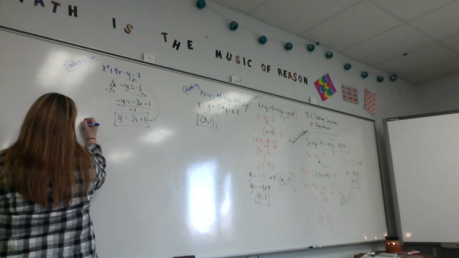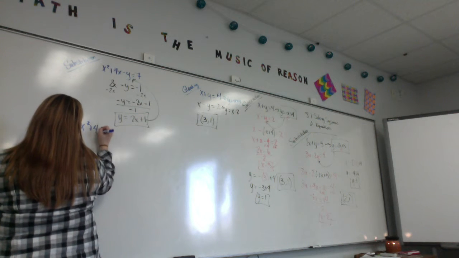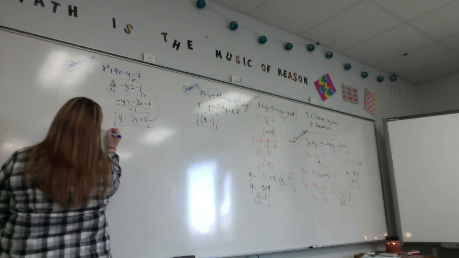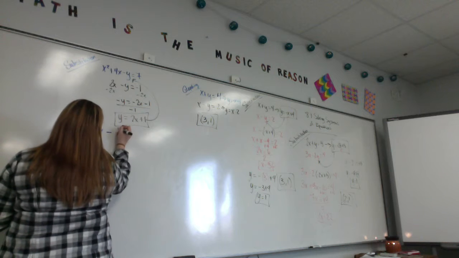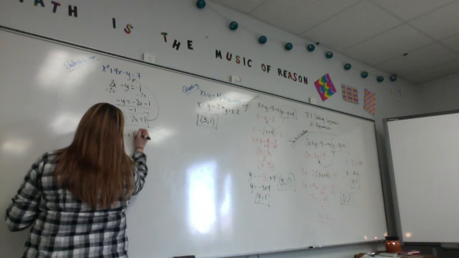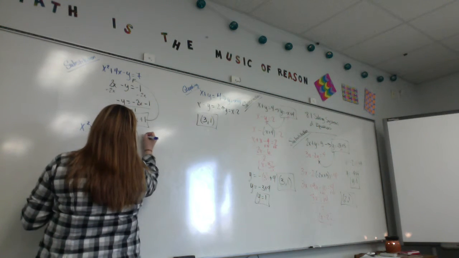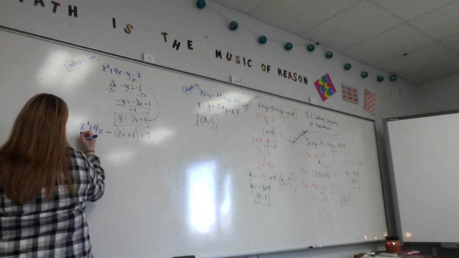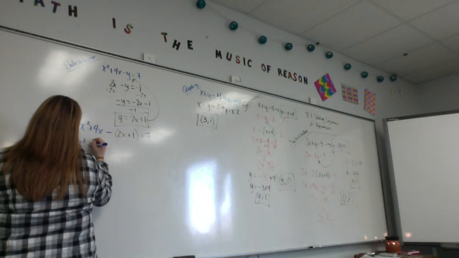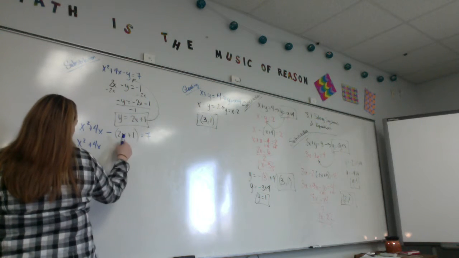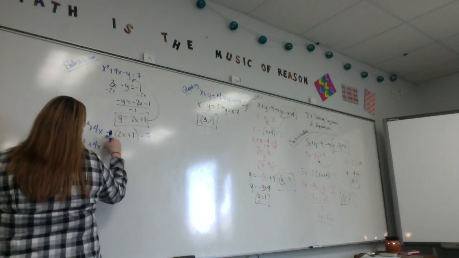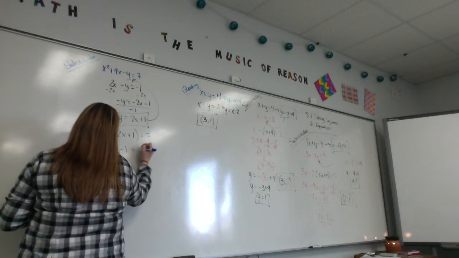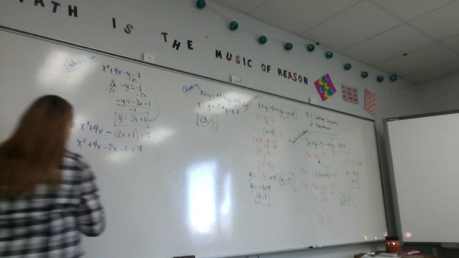So you get x squared plus 4x, and then you get minus 2x plus 1 equals 7. Okay? So then from there, I'm going to combine like terms, do all that fun stuff. X squared plus 4x, and then I have negative 2x, and I have negative 1 equals 7.